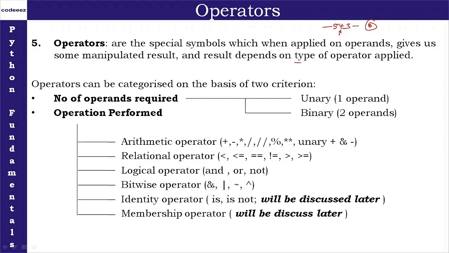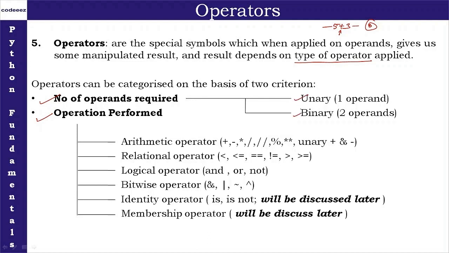When we talk about types of operators, we can categorize them on the basis of two criteria. The first one is the number of operands, and the second one is the operation performed. When we categorize on the basis of number of operands, that is, the minimum number of operands required to apply that operator, we can have two types of operator: unary and binary.